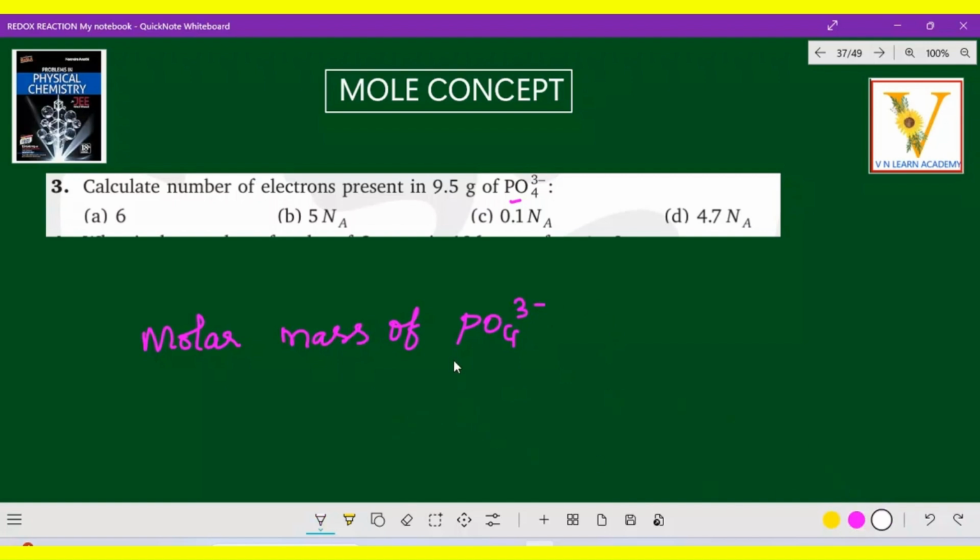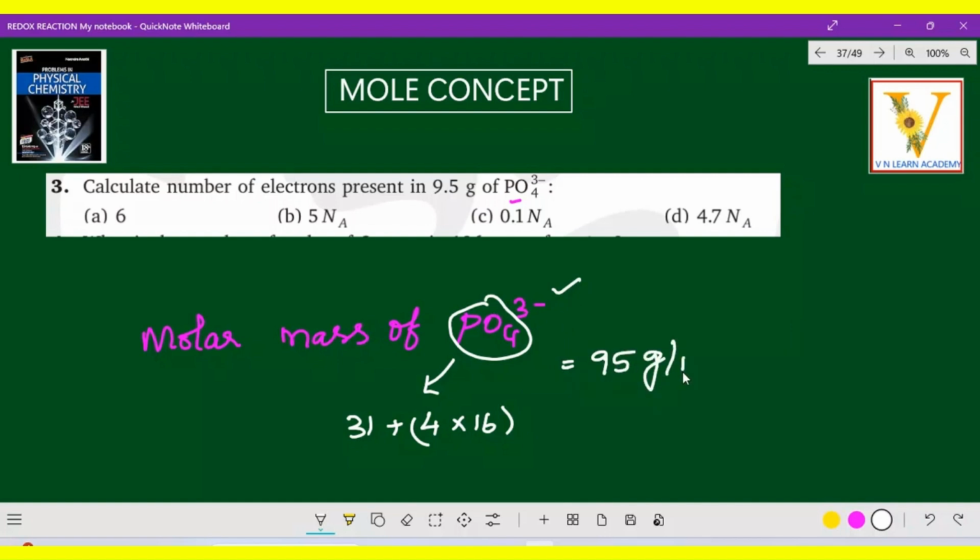Phosphorus is 31 plus oxygen 4 into 16. We consider only the PO4 molar mass, and after that we go for the charge, since 3 minus means it is gaining charge. So the molar mass is 95 gram per mole.